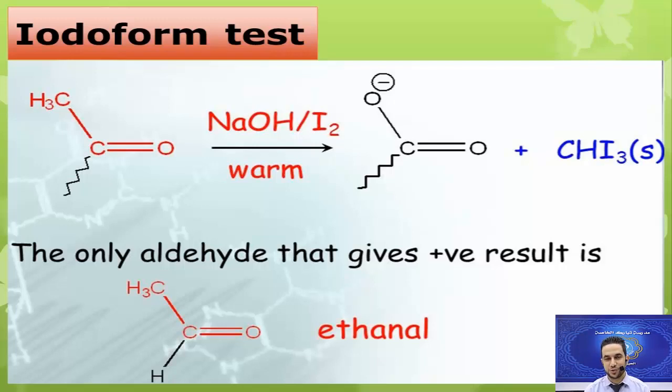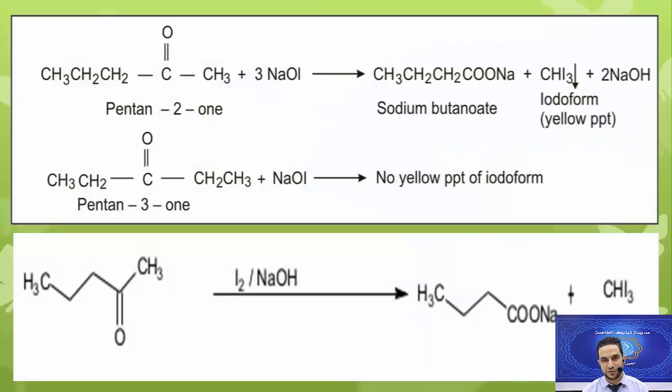Let's see examples of the iodoform reaction. Firstly, if I have pentan-2-one or pentan-3-one, firstly I want you to know if the compound gives a positive or negative test. See the first one, 2-pentanone, does it contain CH3 bonded to CO or not?